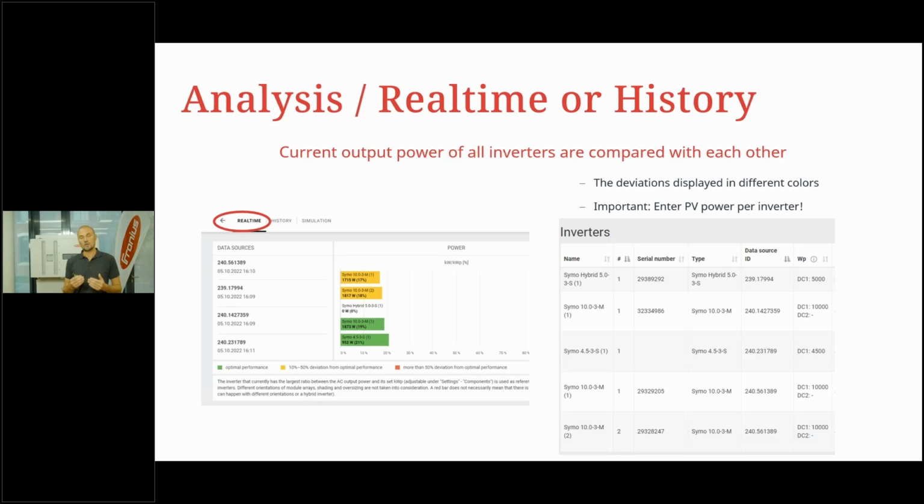If they would be red, of course, it is more likely that there is an issue with the inverter or with the string or with the modules. Make sure that whenever you do that, you have also entered the PV power on all these inverters, because of course we compare the performance here as a percentage of this, so that we can really compare them.